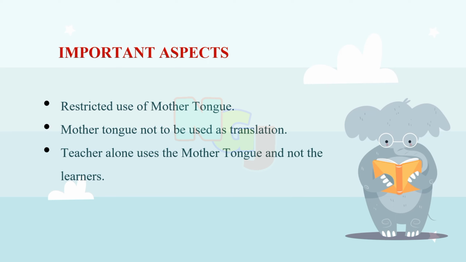You must remember it is only given that mother tongue equivalence only if it is there they can be used. Otherwise, it is not used. So, it is not used as literal translation. Then teacher alone uses the mother tongue and not the learners. You must be very clear here that in bilingual method only the teacher uses the mother tongue and not the learners. So these are the important aspects in bilingual method.